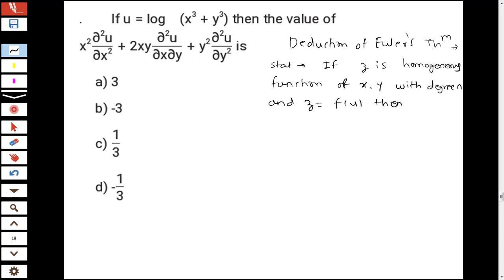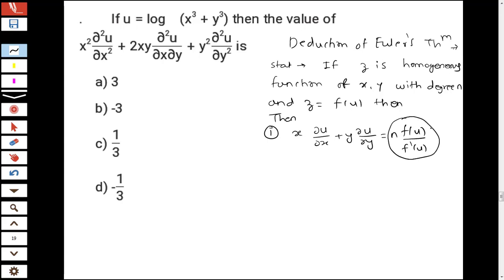Then we have the first result: x del u by del x plus y del u by del y is equal to n into f of u upon f dash of u, and this we will call g of u.